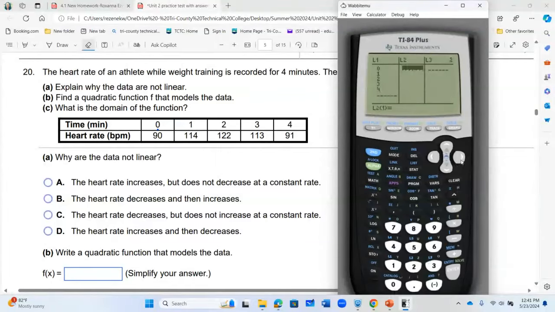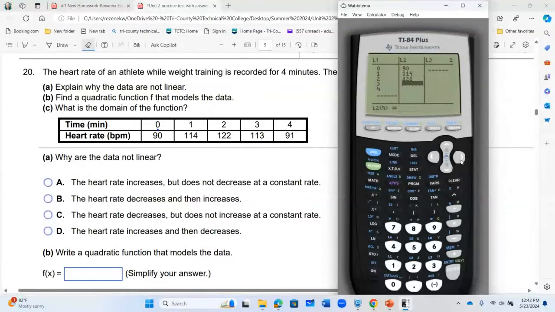Now I'm going to the range, heart rate in beats per minute. When it has not gone any minutes, 0, that was 90. So 90, enter. After 1 minute of lifting weight, the heart rate was 114, enter. After 2 minutes, 122.